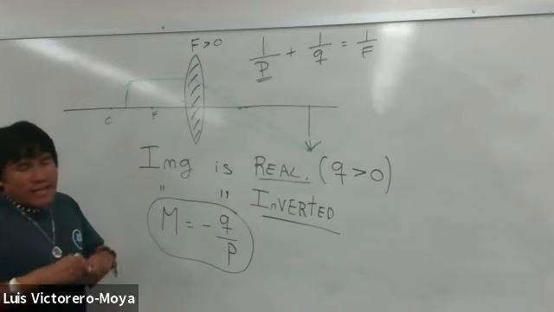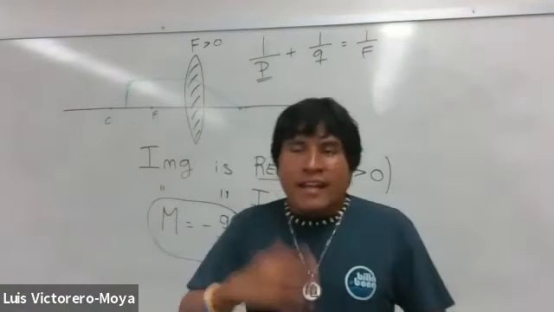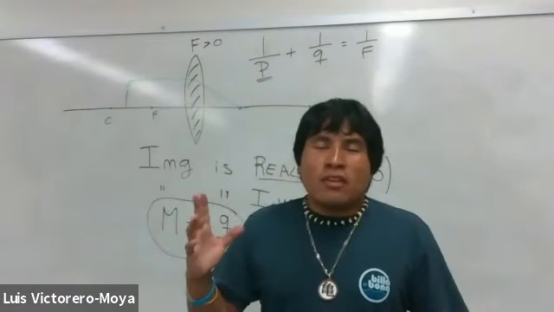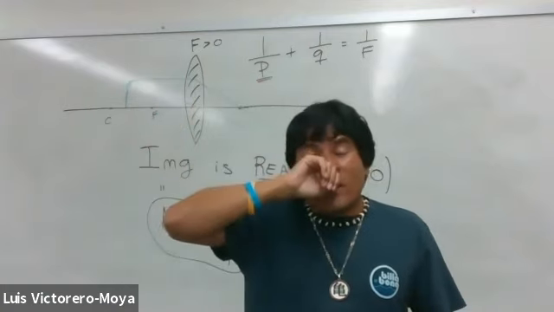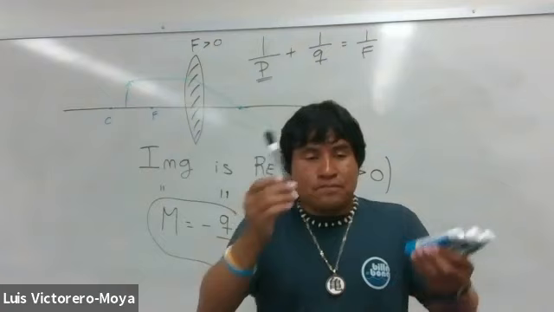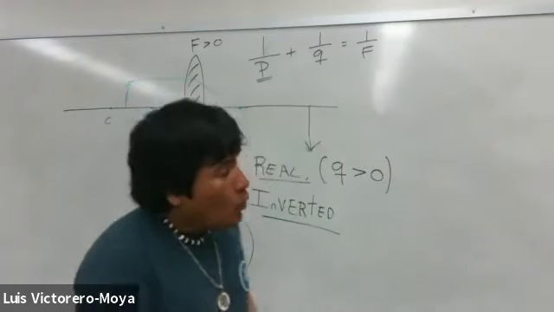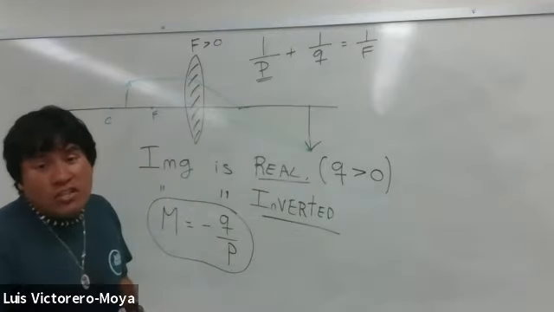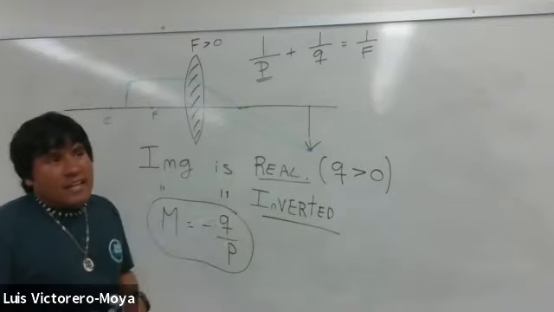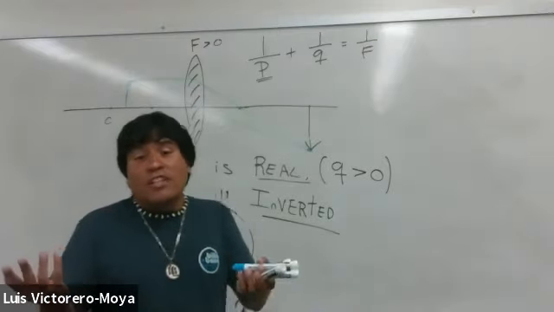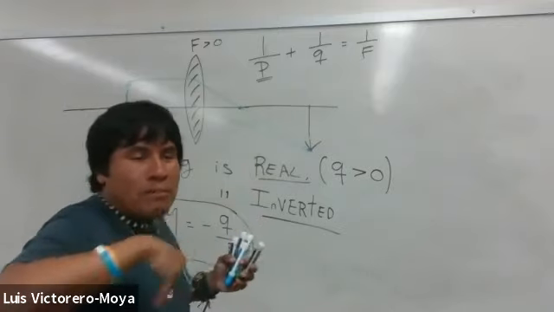That's an example. So real images in lenses are different than real images in mirrors. In mirrors, real images had to be on the same side where the object was, right? Because the phenomenon is different. In here, we're studying refraction. Light gets refracted. In the mirror case, we were doing reflection, so rays were being bounced back.